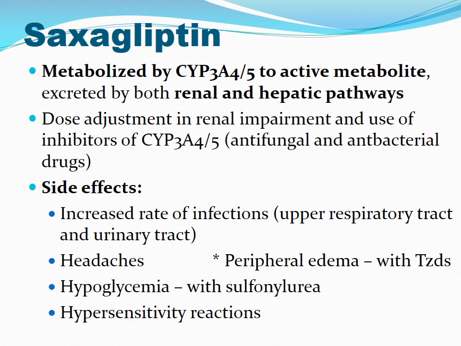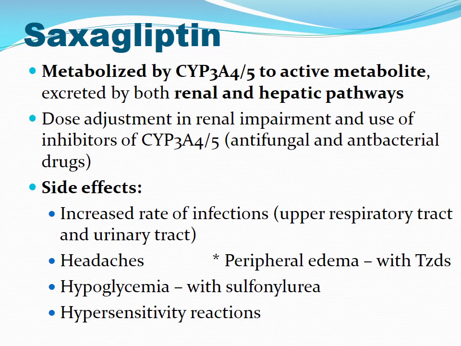Saxagliptin is metabolized by cytochrome P450 3A4 and 5, with two active metabolites, excreted by both renal and hepatic pathways. So, as a result, the dose should be adjusted in presence of renal impairment, and when the patient is taking drugs that inhibit cytochrome 3A4 or 5, such as antifungal drugs and some antibacterial drugs.